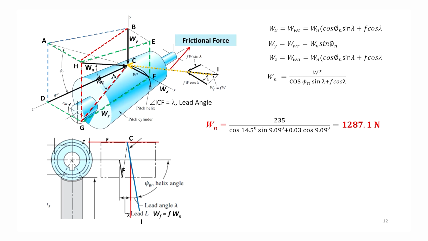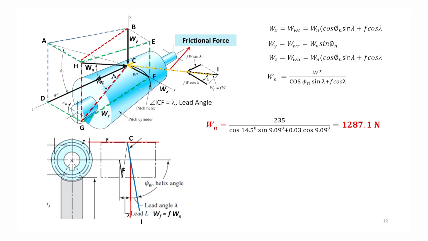Now, we know that the frictional force will act along the thread, and the thread is making an angle lambda with a line normal to the axis of rotation of the worm, and the axis of rotation of the worm is this one, which is parallel to the z axis.